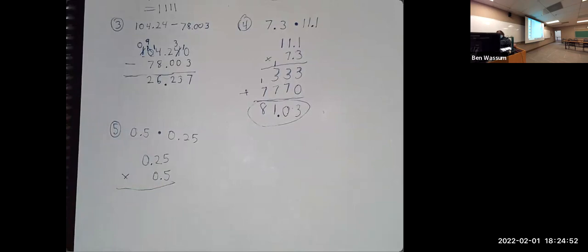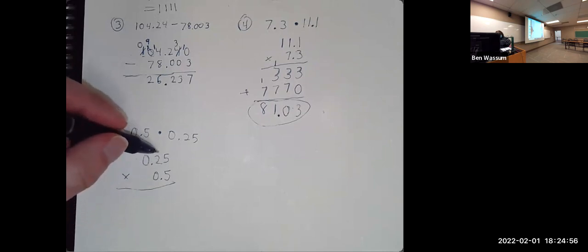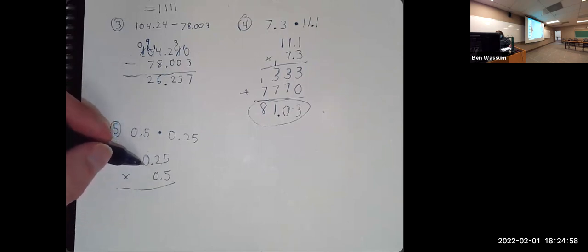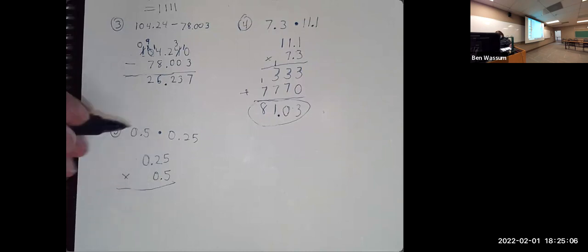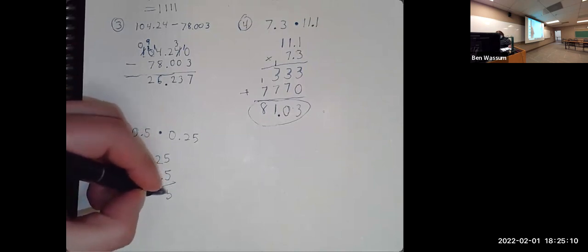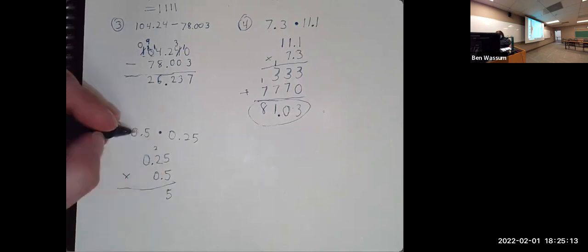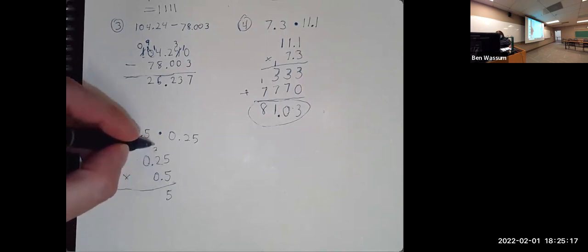Then we're going to do our multiplication. And the nice thing about these guys is the last digit on the left is a 0. So we really only have to do one row because the next row would just be 0 times everything. It would just poof. So we can do 5 times 5, 25, carry the 2. 5 times 2 is 10 plus 2.